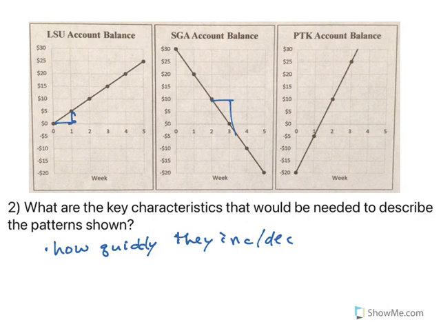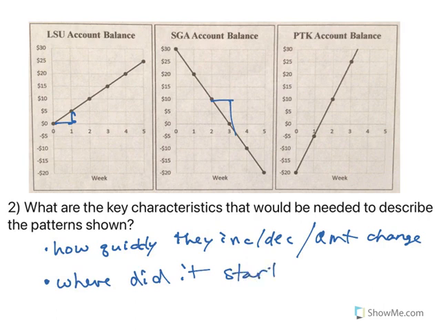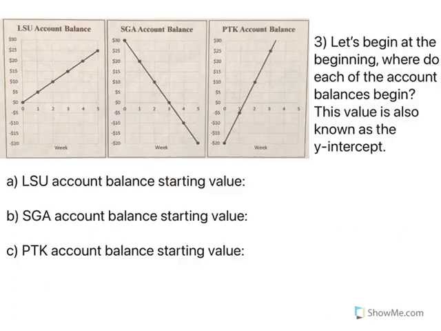So what is the amount of change in that time period? And then also, where does the account start? At the beginning of the semester, look at the starting spots. For LSU, it started at 0. For SGA, it started at 30. For PTK, it started at -20. So these are very different starting amounts for week 0. Those are the different things that we need.